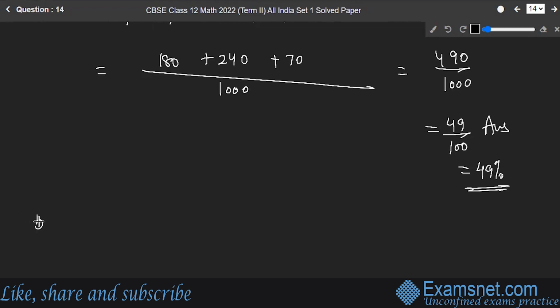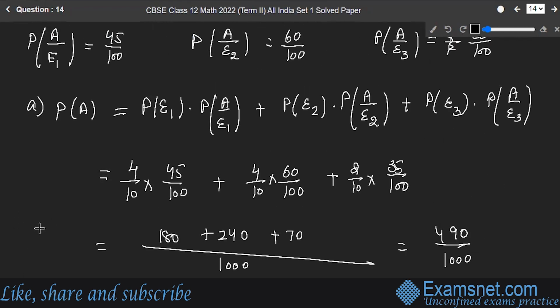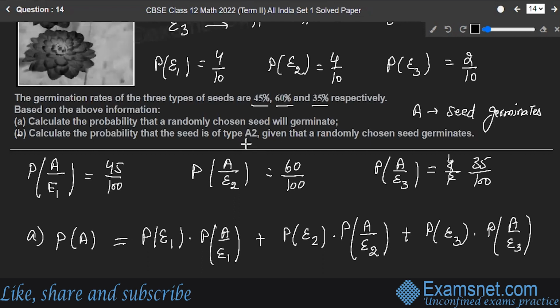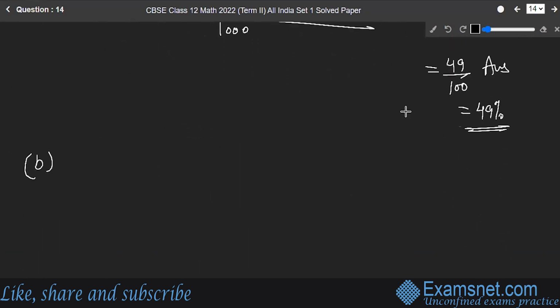Fine. Next, the B part. The B part says you have to calculate the probability that the seed is of A2 type given that the randomly chosen seed germinates. This is given by the probability that the E2 event will happen, that an A2 type seed will be chosen and it will germinate.